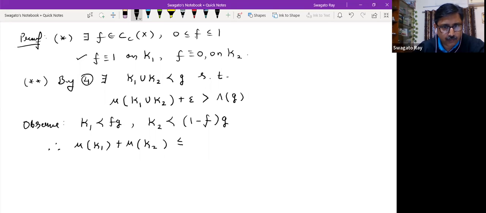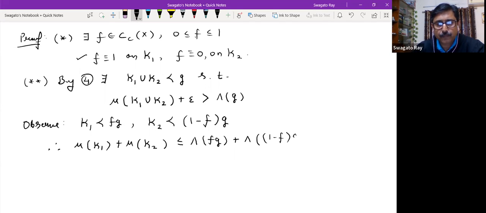So mu K1 is less than or equal to lambda fg. Mu K2 is less than or equal to big lambda, 1 minus f times g. But lambda is linear. So that is lambda of fg plus g minus fg. That is lambda g.